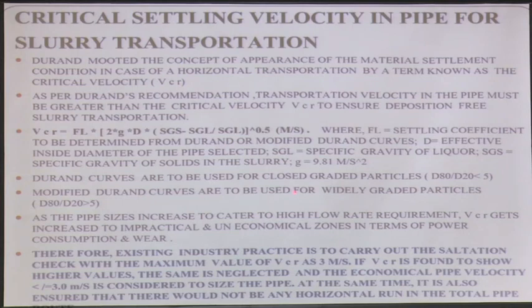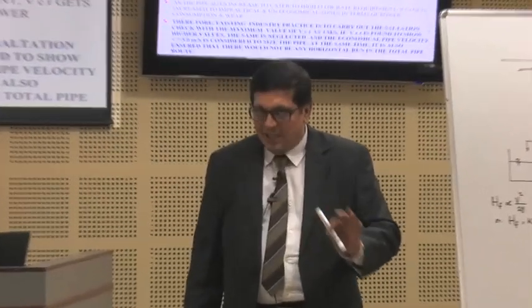So, basically the Durant formula, for horizontal transportation, normally for pipe size of up to say 250 NB, we have seen that VCR is valid. For the horizontal pipe, particularly for the tailing pipe etc., very rarely you will see pipe diameters going more than 250. If required, they will put 3 lines, because in the tailing you can't have a horizontal length free route.